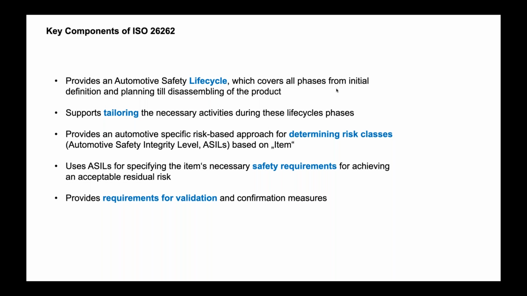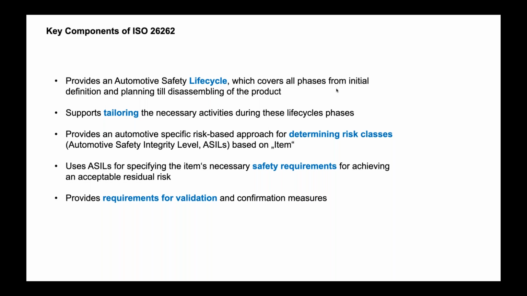This system shall provide support for tailoring the necessary activities during all lifecycle phases. It also shall provide an automotive-specific risk-based approach for determining risk classes, so-called Automotive Safety Integrity Level, ASIL. And this ASIL is calculated for an item. We will look at these items later.